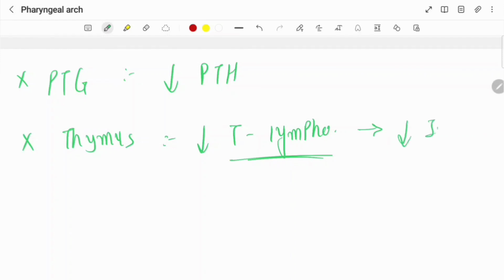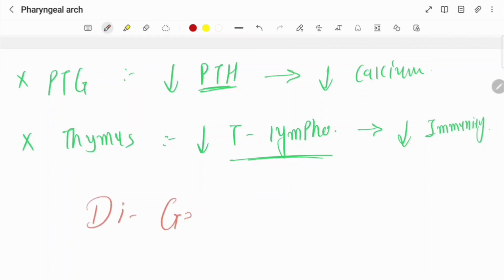So there will be decrease in immunity. What is the function of parathyroid hormone? It maintains calcium level in our body, right? So if there is less parathyroid hormone, then the patient has decreased calcium, and this syndrome is called DiGeorge syndrome.